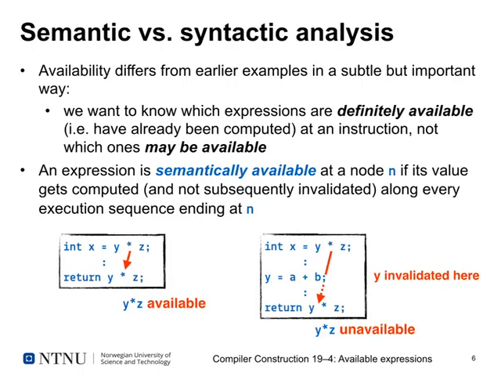The most important way is actually the way these analyses look at the availability. We are looking at a difference between semantic and syntactic analysis here. Availability differs from previous examples we've been looking at in static analysis in a very subtle way, which is very important. Here we want to know which expressions are definitely available.